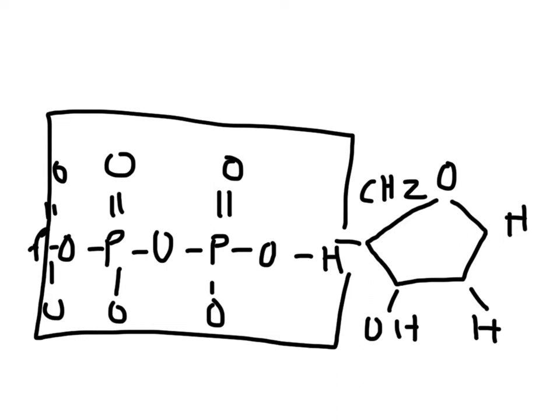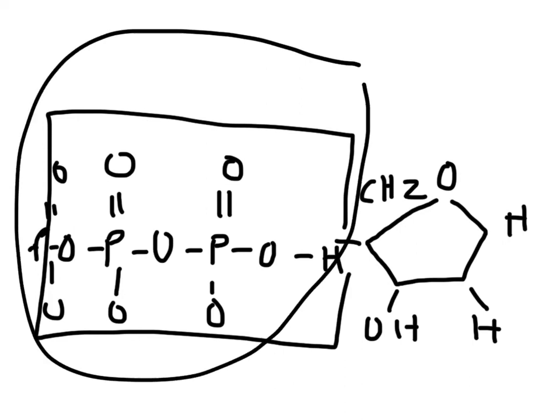So let's see what else we have for nucleotides. One important thing you need to understand is that the phosphates of the nucleotides give DNA and RNA that negative charge. You see the negative oxygen on the bottom of the phosphate? That gives DNA and RNA the negative charge. And they store the energy. When we say energy is stored, where is that energy stored? That's a really important question. The energy is stored in the phosphoanhydride bonds.